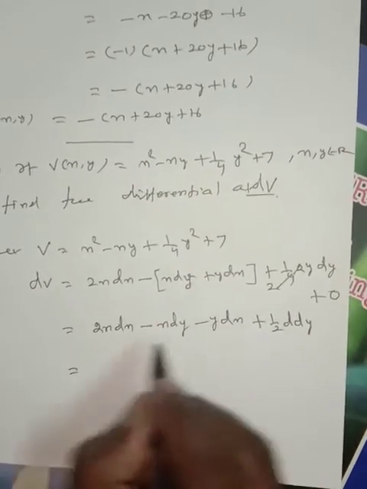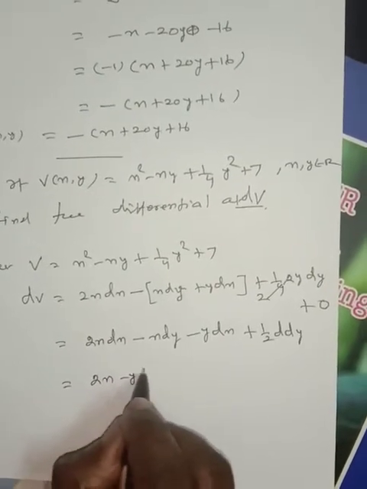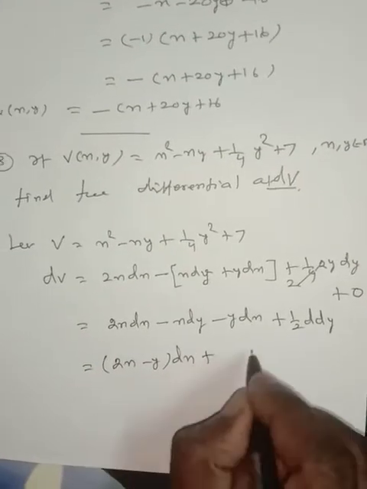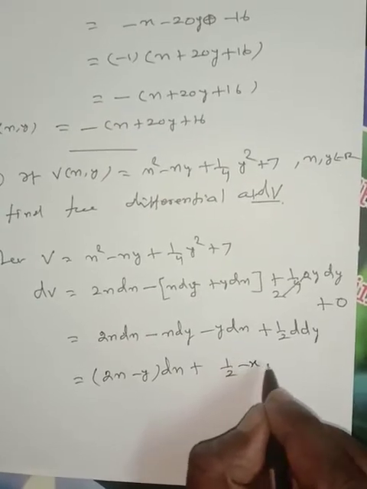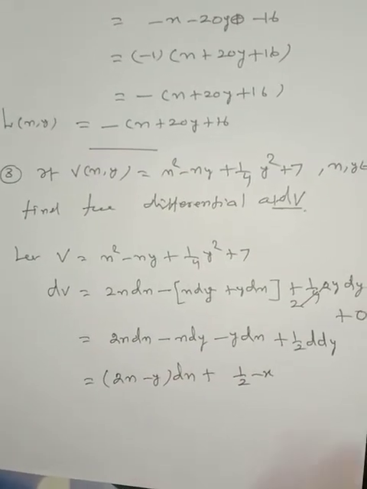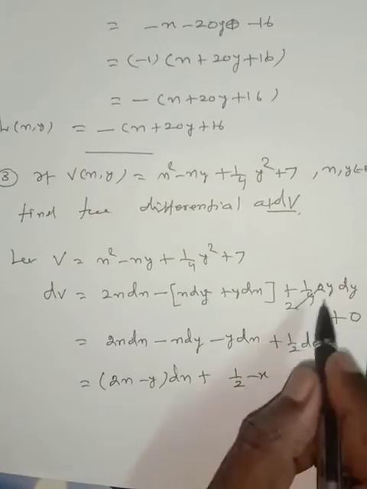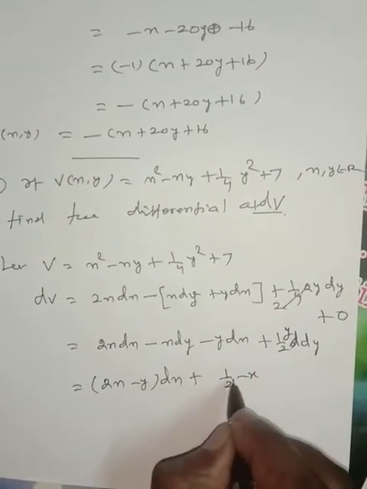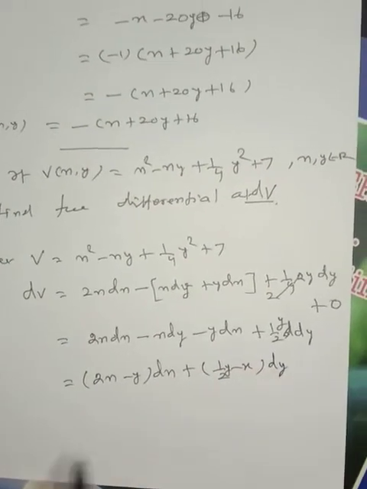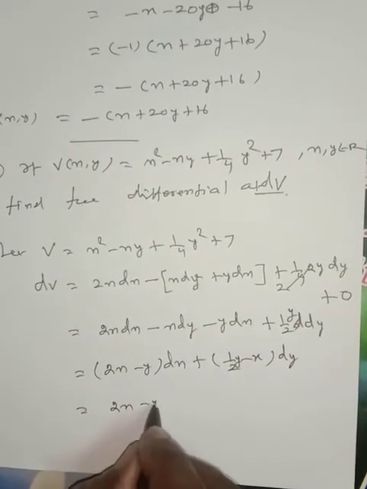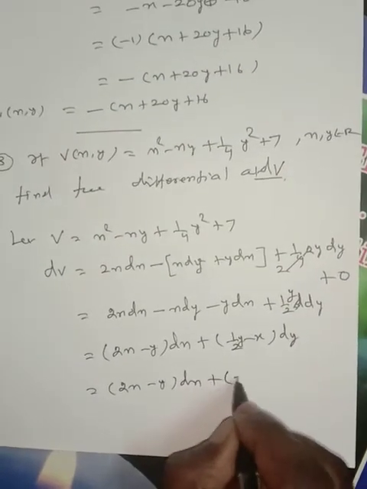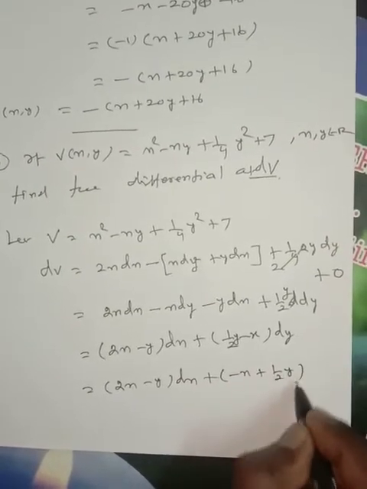Now collect the dx terms: (2x − y) dx, then collect the dy terms: ((1/2)y − x) dy.